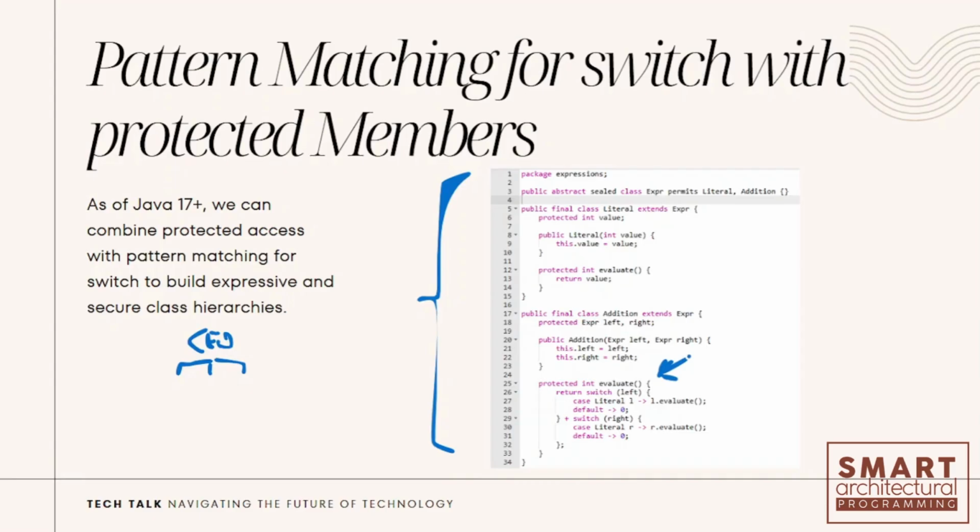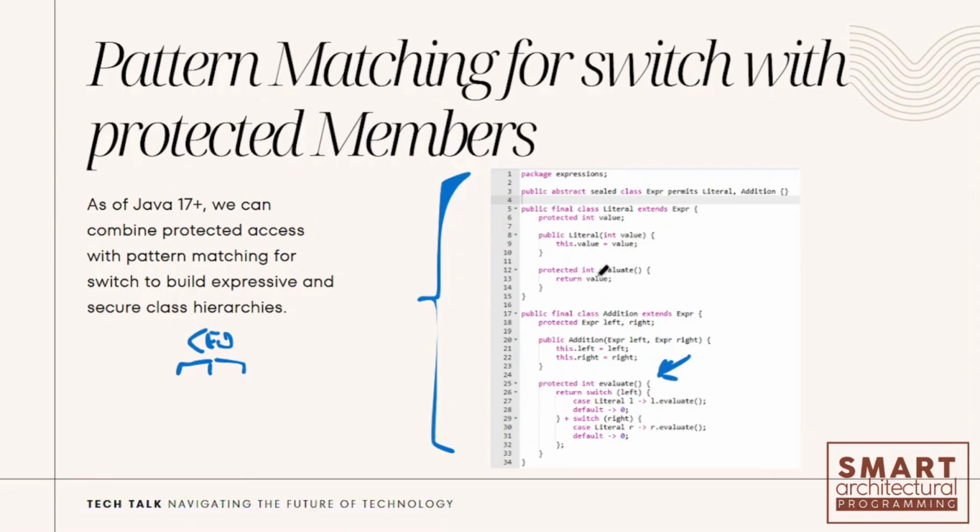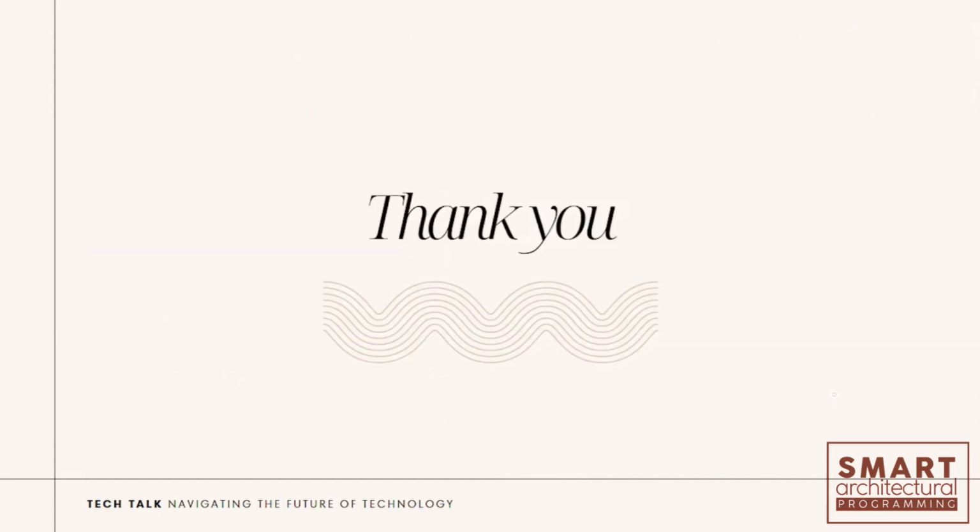It's accessing left and right here, and they're protected variables which it's able to access. This makes your design both powerful and encapsulated. So I think that was what we needed to cover in this video.